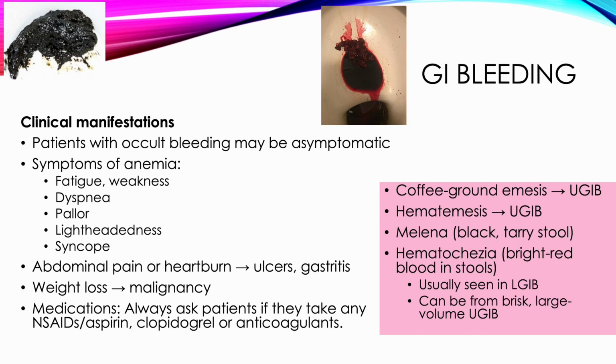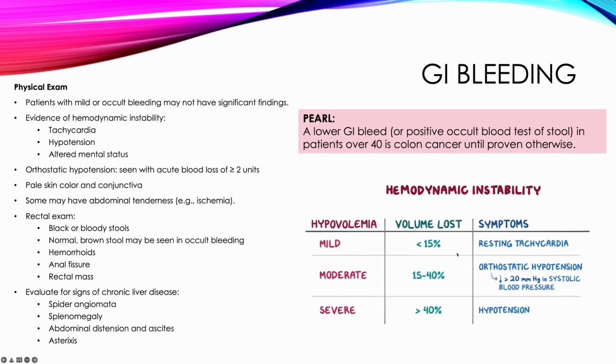And then just a quick recap: coffee ground emesis, upper GI bleed; hematemesis, upper GI bleed; melena, upper GI bleed, but coming out the other end; and hematochezia, lower GI bleed, usually. So in physical exam, patients with mild or occult bleeding might not have any significant findings on physical exam other than the blood in the stool.